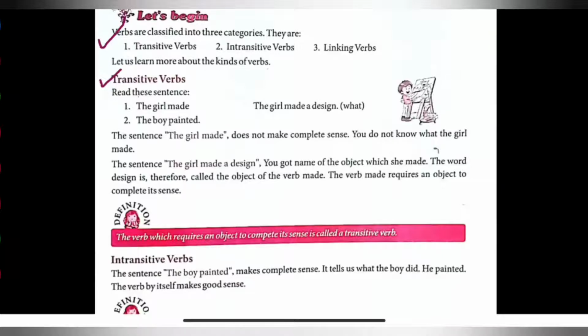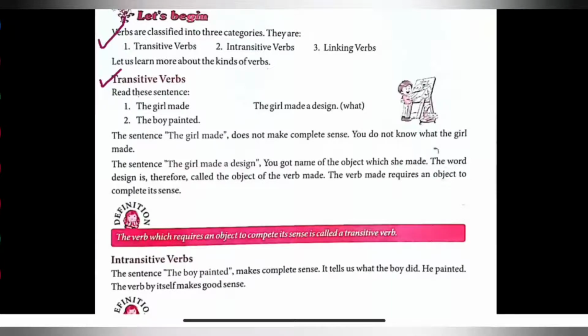The girl made something, but what? Here it is not specified, so it does not have a complete sense. Okay, the girl made a design. So, a design is the object, right? So, now it makes complete sense.